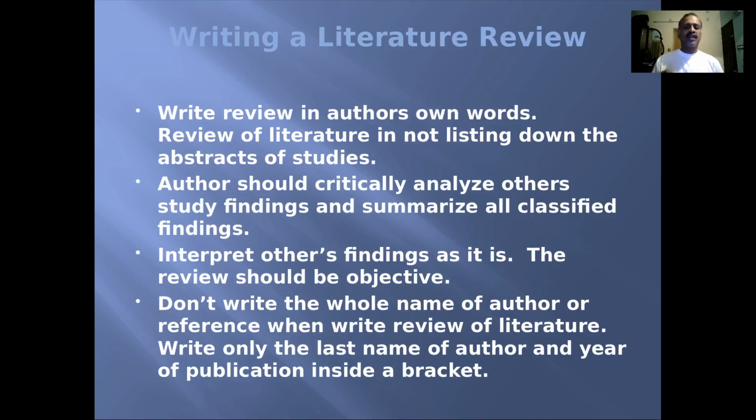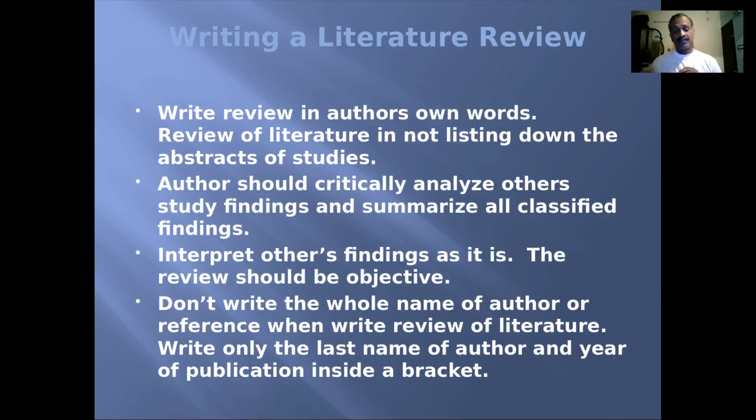Then don't write the whole name of the author or references when you write a review of literature. Write only the last name of the author and year of publication inside the brackets. So if you are quoting a study, for example, one of my studies you are quoting, Raji Raghunath.